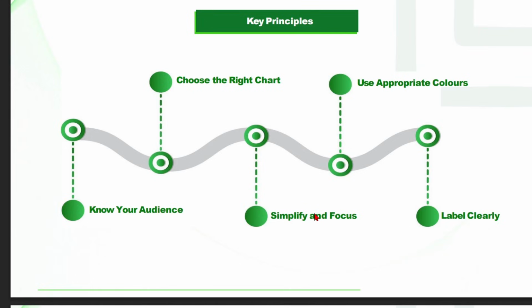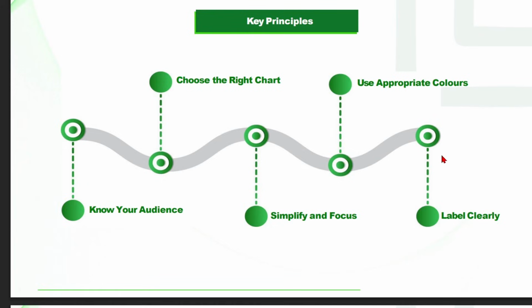Simplify the chart. Use appropriate color. Very, very important. Color is very, very important in visualization. You don't use color anyhow. Some people have night blindness. Some people don't see some particular colors. There are some principles you need to follow when choosing colors for your visualization. And you label your visualization clearly.